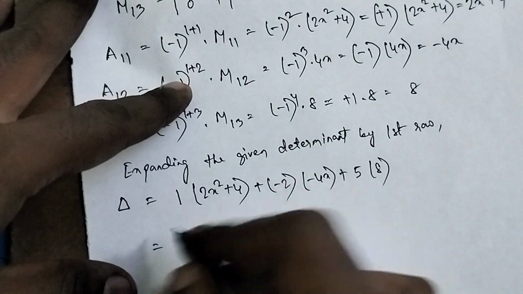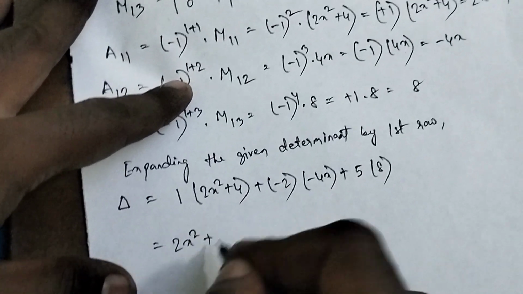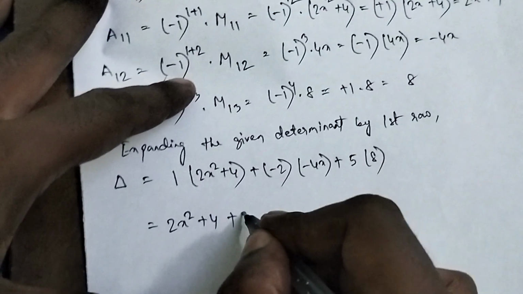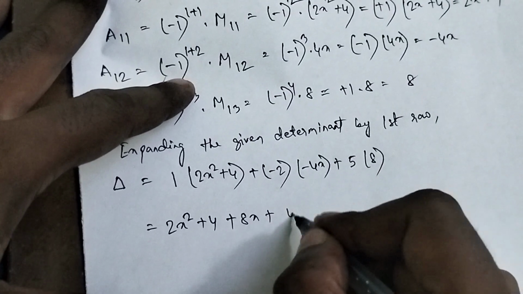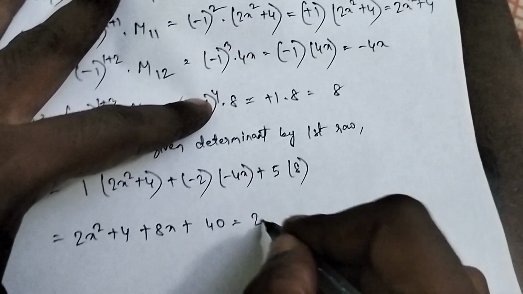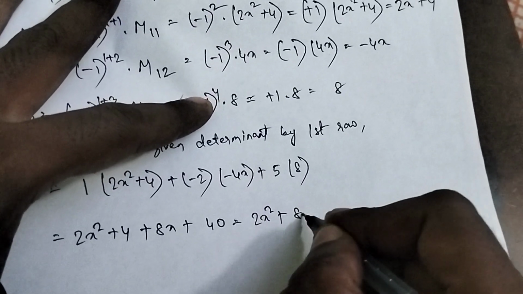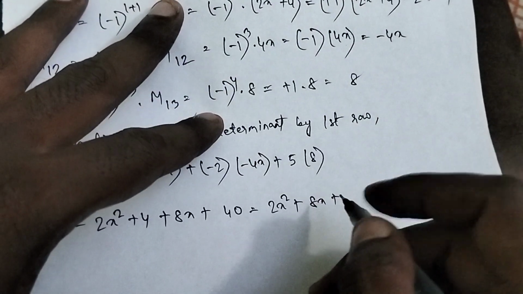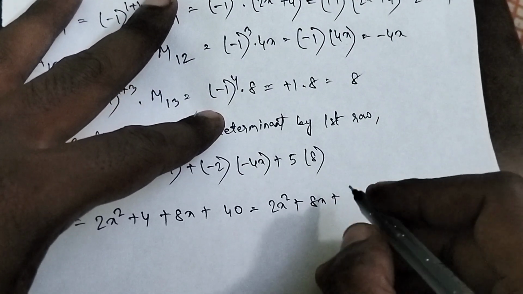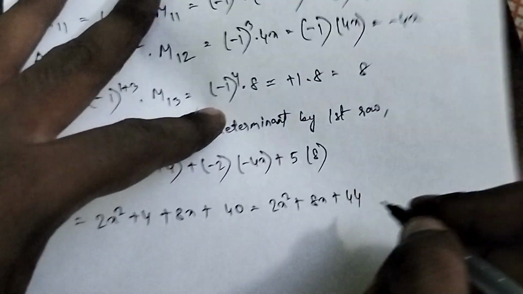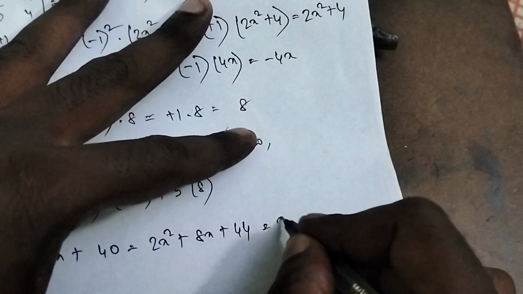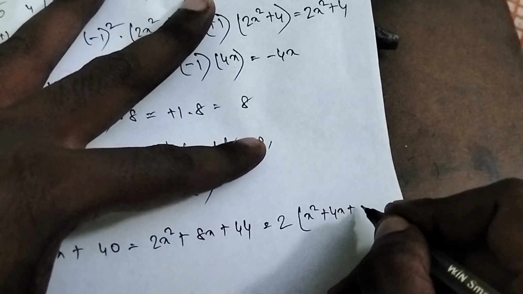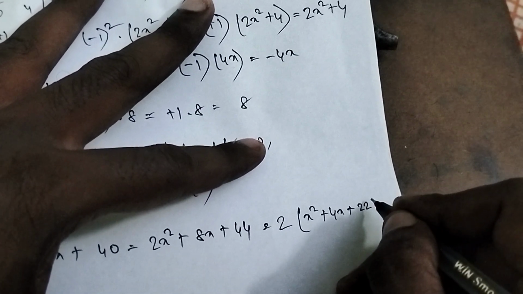So it would be 2x square plus 4 plus 8x plus 40. It will be 2x square plus 8x plus 44. Taking 2 common, it is 2 times x square plus 4x plus 22.